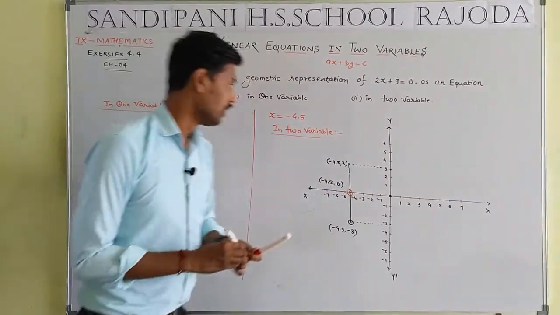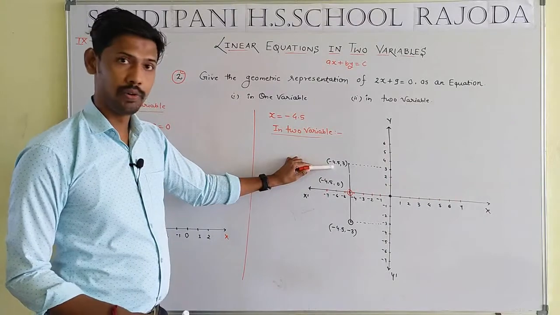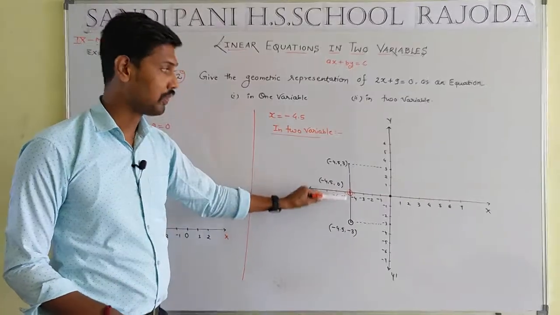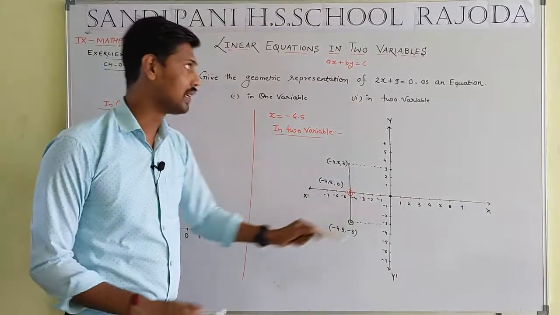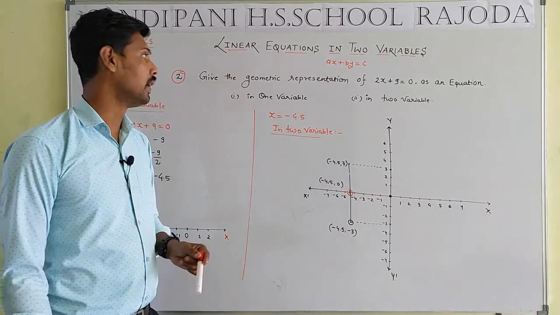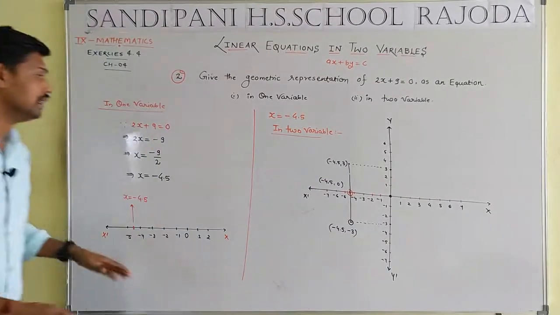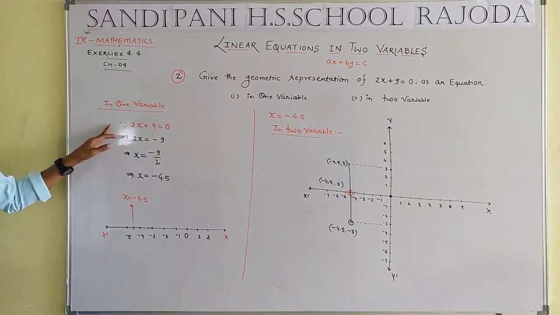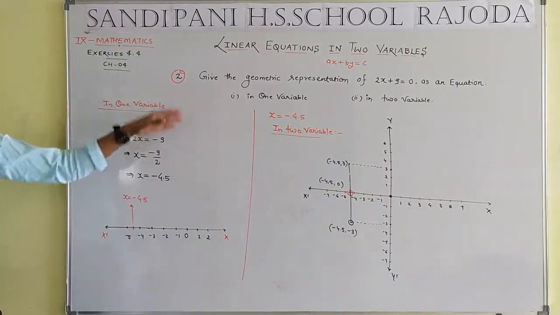That means -4.5, the line parallel to y-axis. So this expression is known as two variable expression, and these expression are known as one variable expression. I hope you getting the solution of this question.